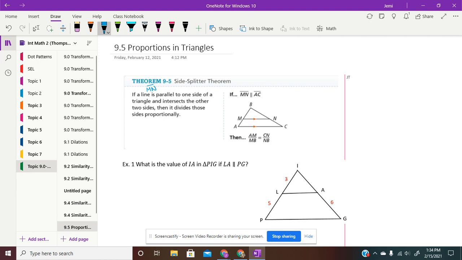Which means that if I color coordinate this, I could have AM is to MB as CN is to NB.